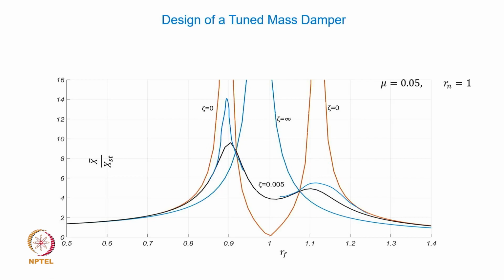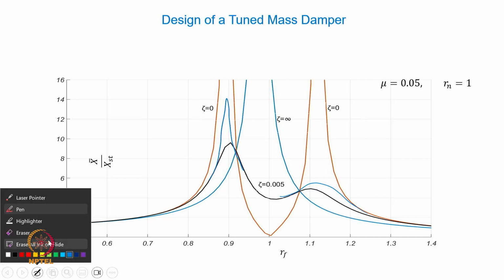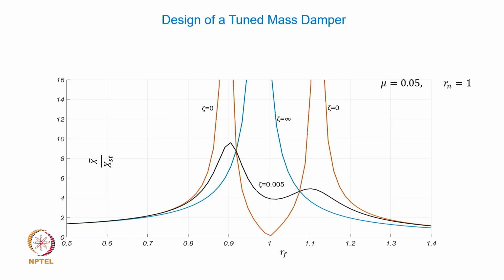So the question here is, how do I optimize the parameters of this vibratory system, like the stiffness, the mass, and the damping coefficient of the absorber, so that I get a perfect or a desired response from the damper.